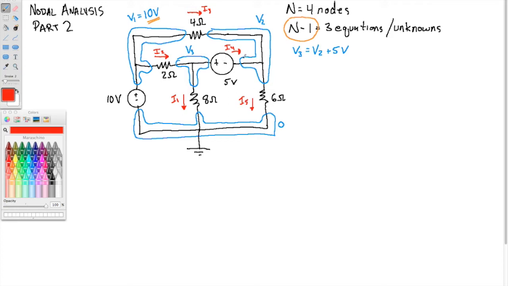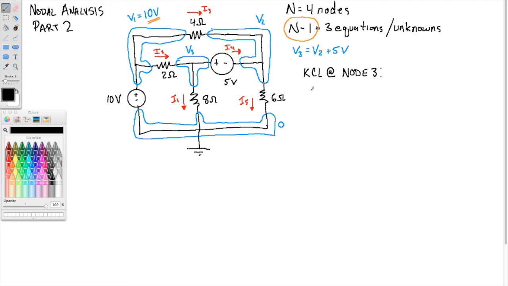Now let's try, and I say try, emphasis on try, to write a KCL equation at node 3. Remember, we're going to write the unknown currents in terms of the unknown node voltages.